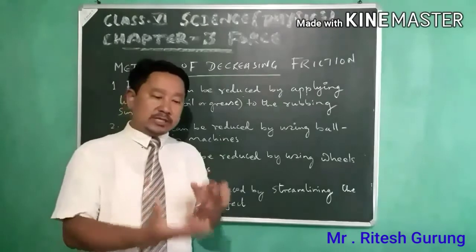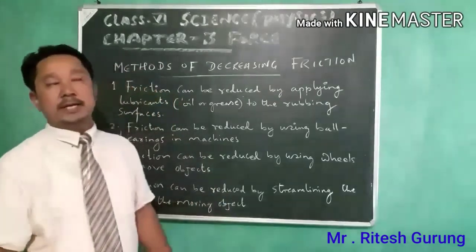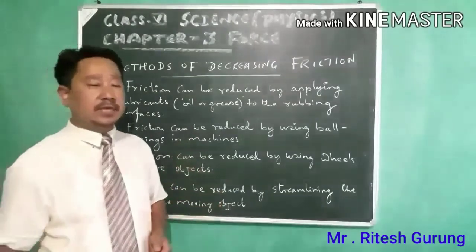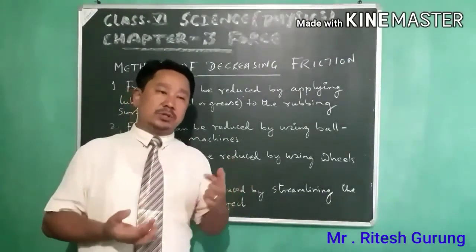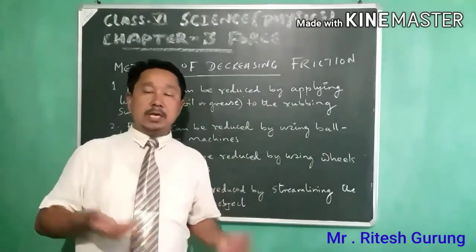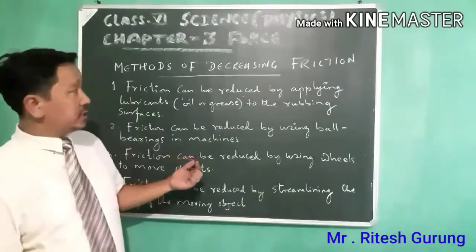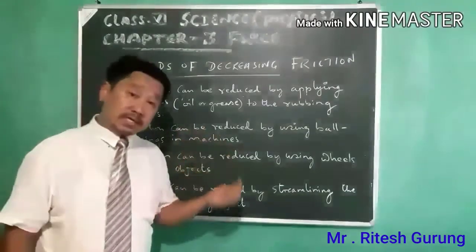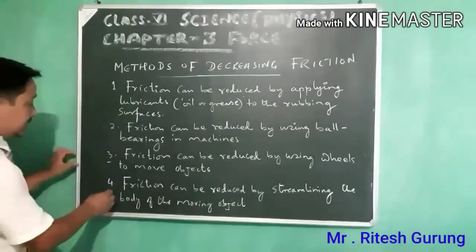When the wheels are used, they can easily and smoothly rotate, friction is reduced, and it can be easily pulled or pushed without heavy force. This way we can decrease the friction and make our work easy.